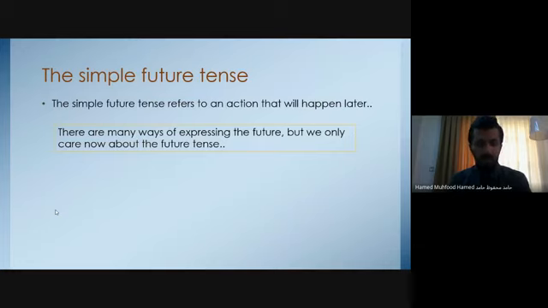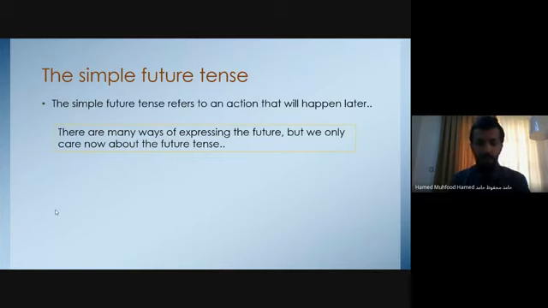If you remember, when we were studying the present continuous tense, we said that one of its uses is to refer to a planned future. So sometimes we can express or refer to an action that is going to happen in the future without using the simple future tense formation, right?